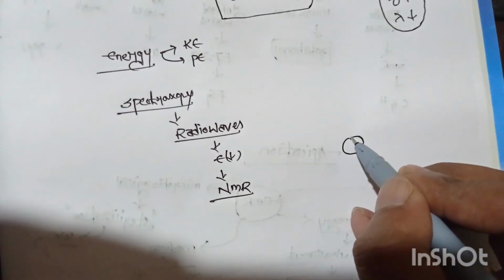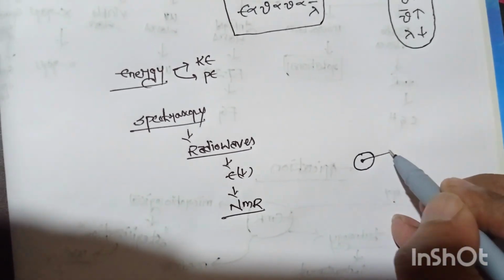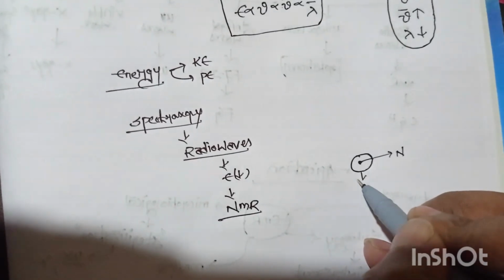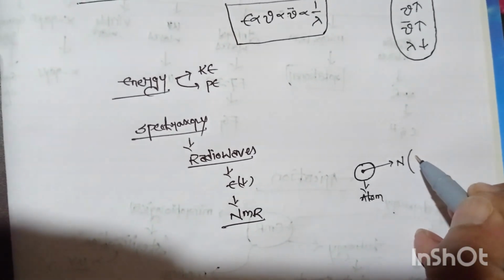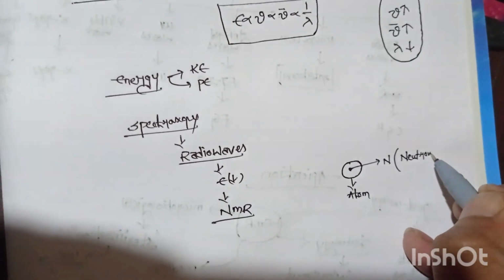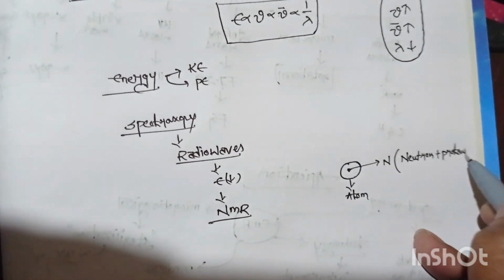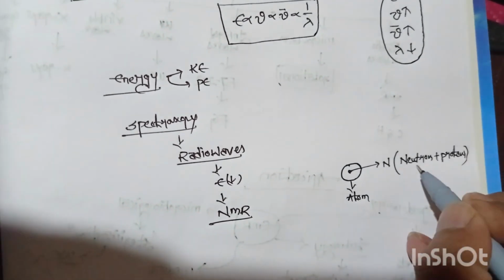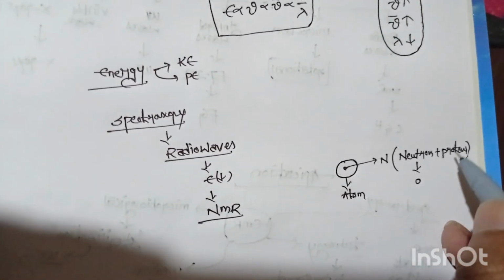So in that NMR, what happens? Generally this is an atom, this is a nucleus, right? The nucleus consists of neutrons as well as protons. Neutrons have a neutral charge, that is zero charge.